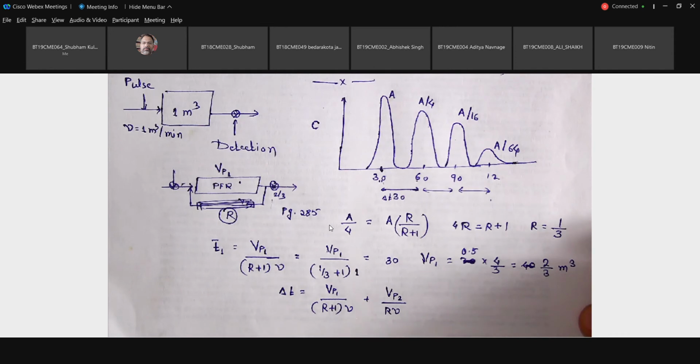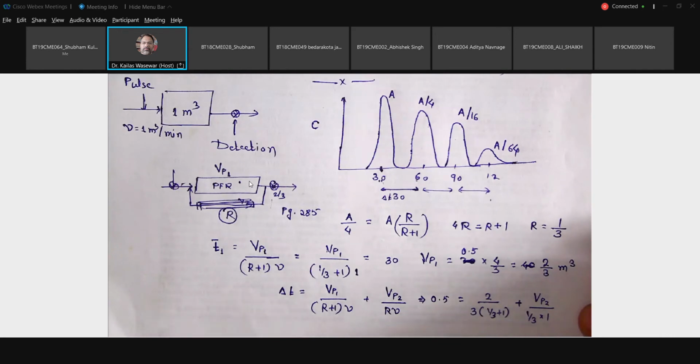So now if you substitute here, it will be 0.5 is equal to 2 by 3, 1 by 3 plus 1, V is 1 plus VP2, R is 1 by 3 into 1. So if you go for this one, how much you will get? Delta T is 0.5.